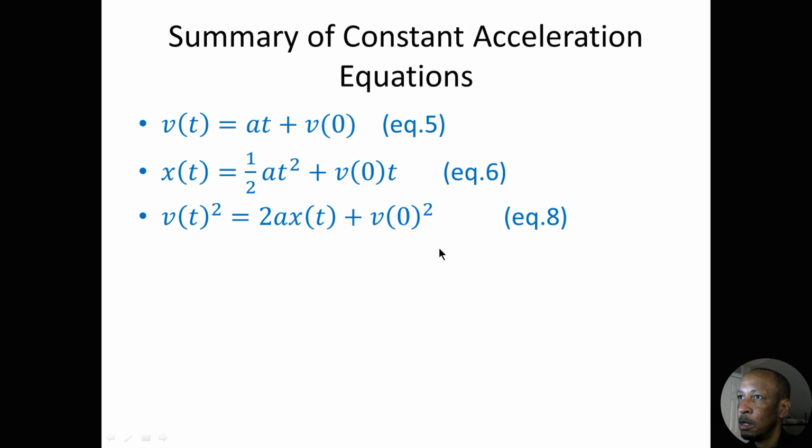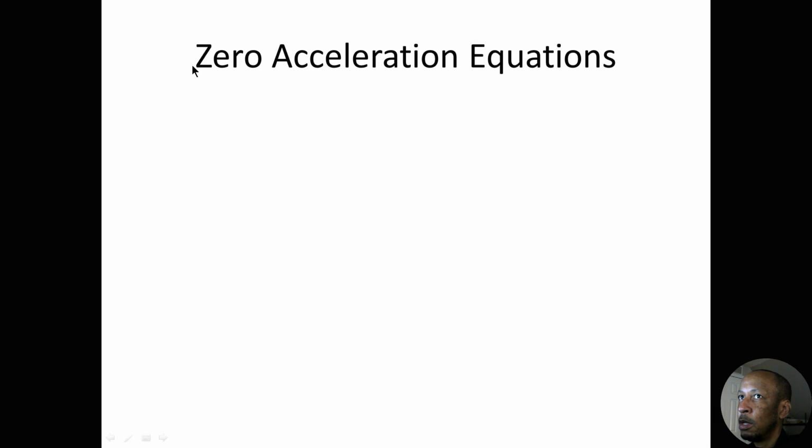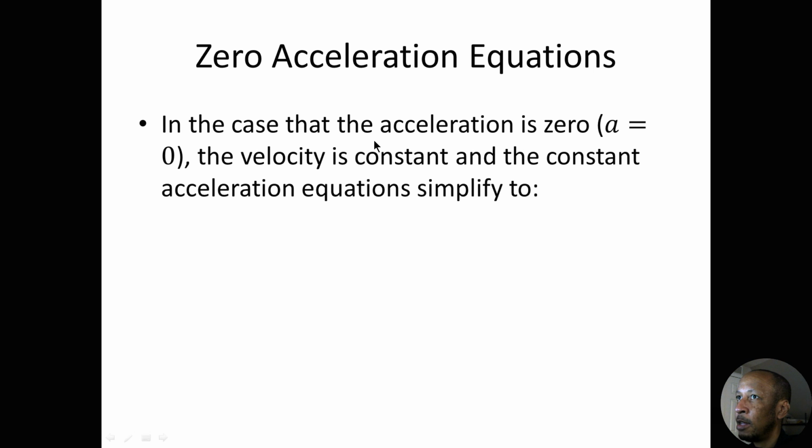That's equation number 8. So you have one more case, the zero acceleration case. In the case that the acceleration is 0, which means a equals 0, the velocity is constant, and the constant acceleration equations simplify to v of t equals v of 0, x of t equals v of 0 times t.